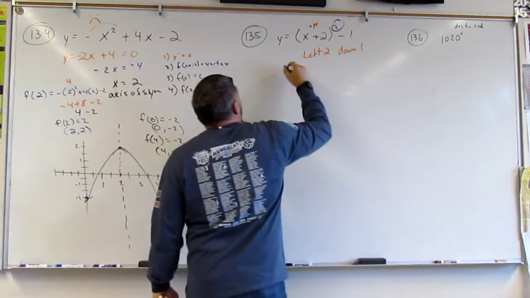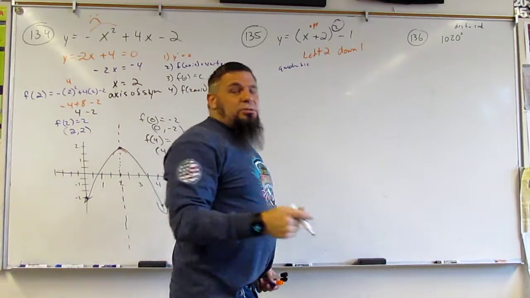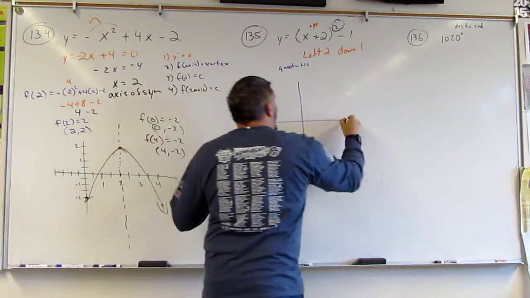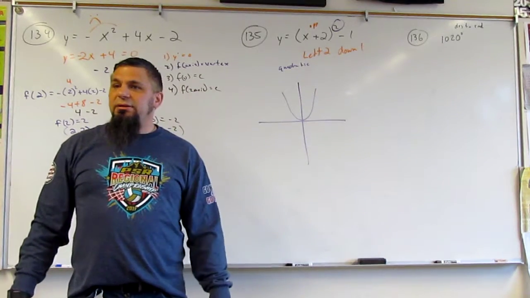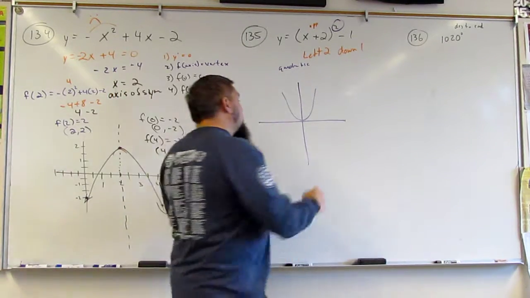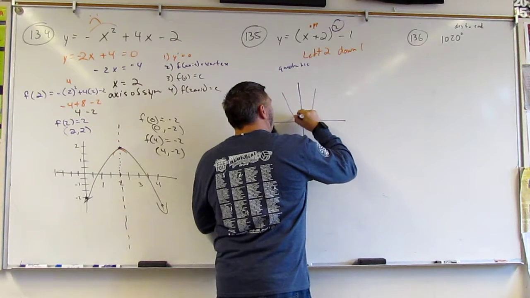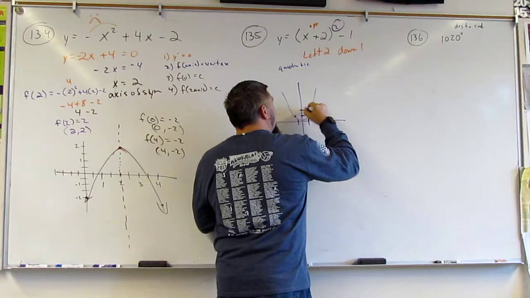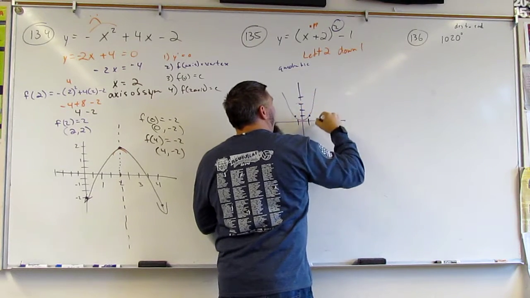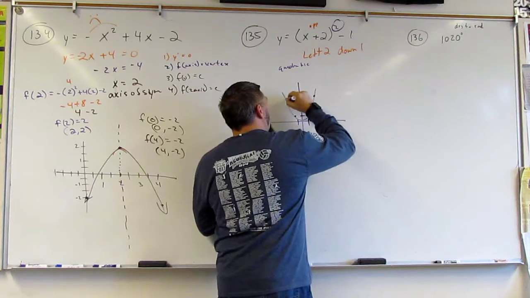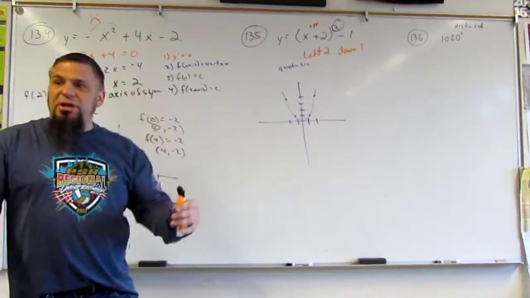It's a quadratic. So I should know that my quadratic looks like this, and it goes 1, 1, 2, 4, negative 2, 4. That's my quadratic.